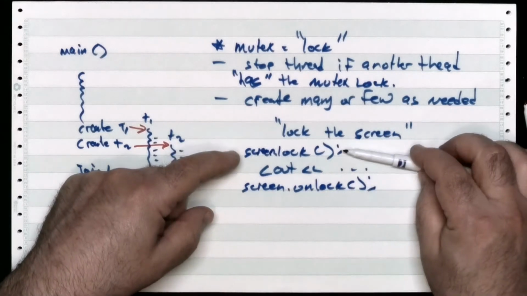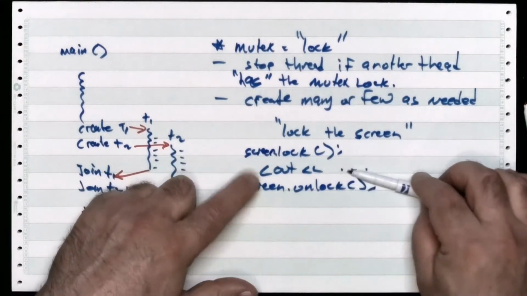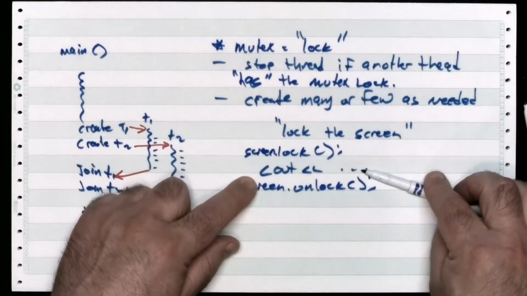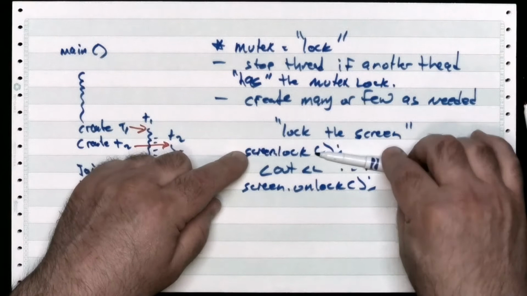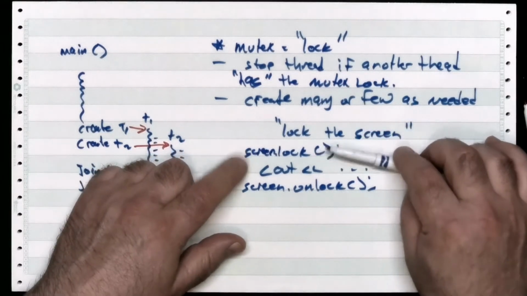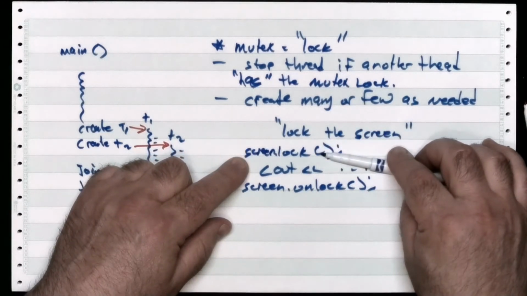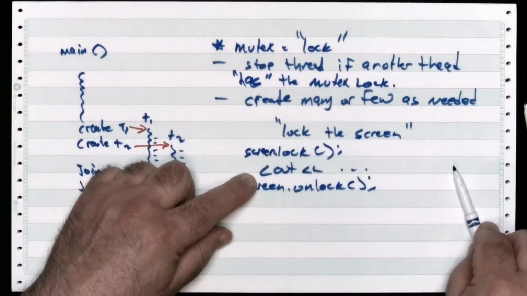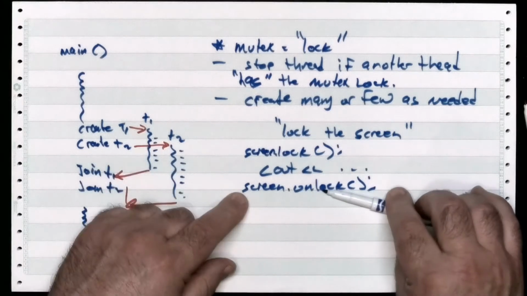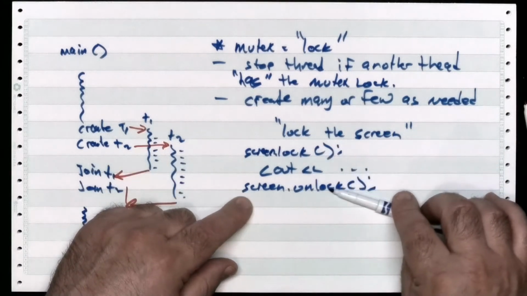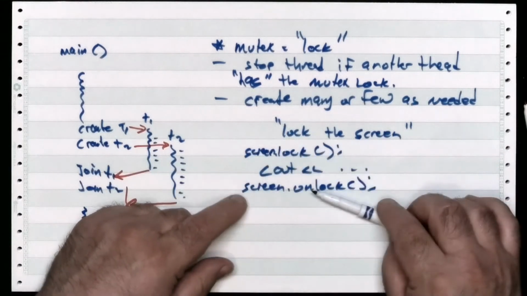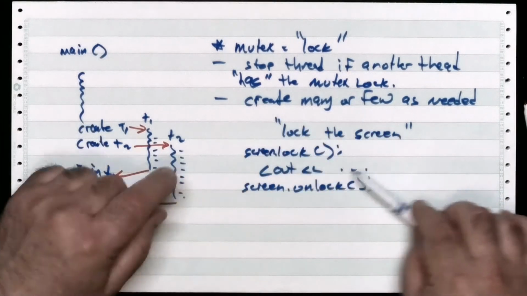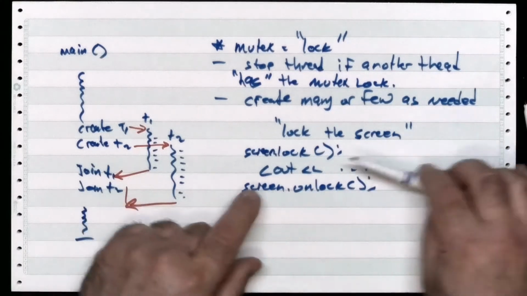So if thread 1 and thread 2 are trying to print at the same time, and we absolutely know that's what's happening because we can see it on our screen, this will cause whatever thread grabs this lock first to run and print anything it wants until it's done. And then when that thread unlocks it, the other thread can start running. Then thread 1 might come back around and lock it again to print more stuff, and then unlock it, and maybe thread 2 comes along, and so on.